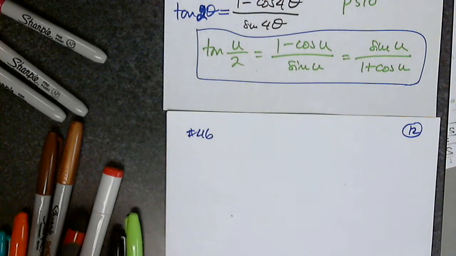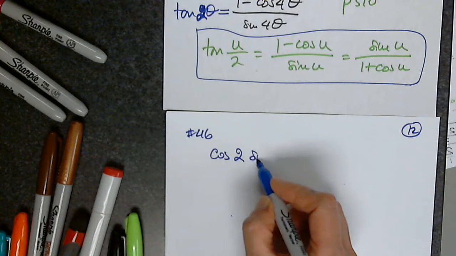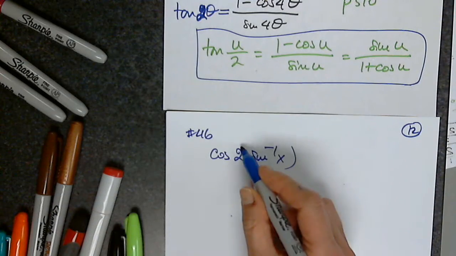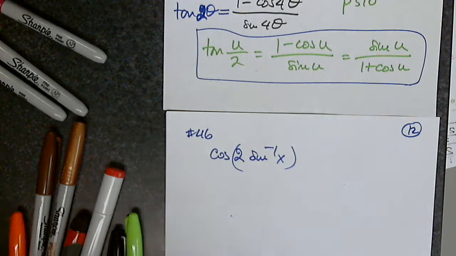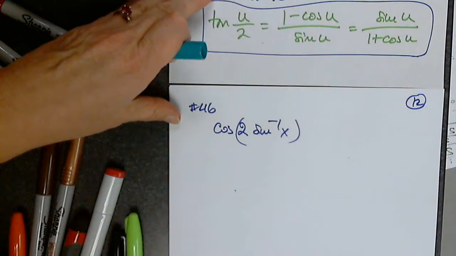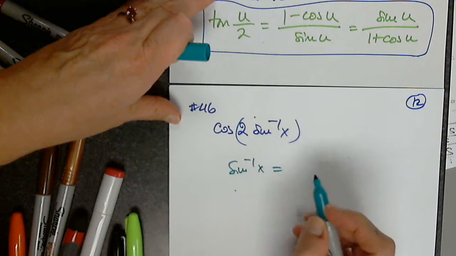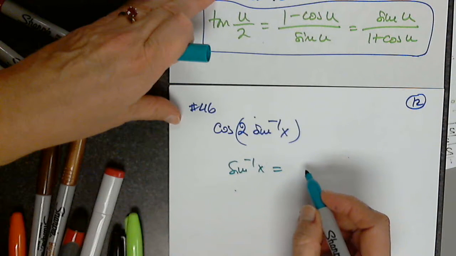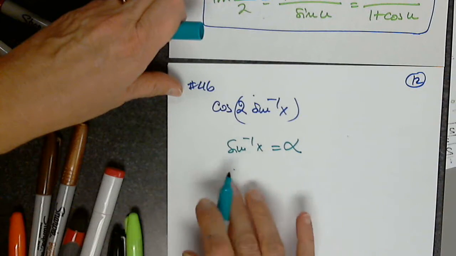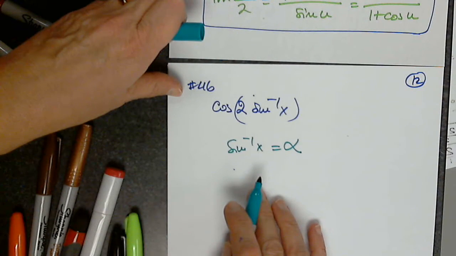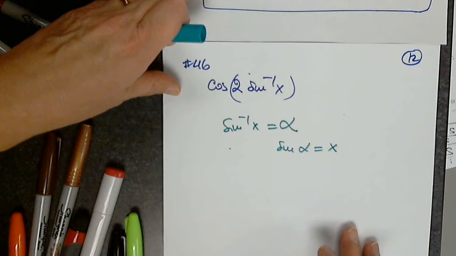In 46, we have cosine of twice sine inverse x. What does sine inverse mean? So sine inverse x equals alpha. Yes, excellent. Which means that what do I do to both sides? Good. So sine alpha equals x.